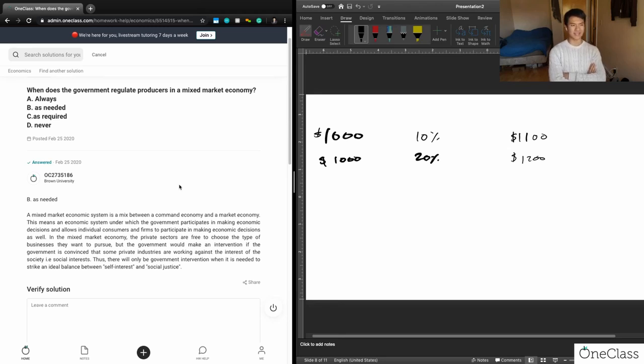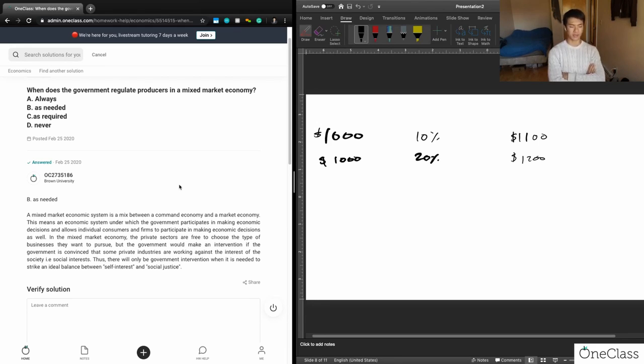All these are examples of places where if you were to leave the market up to the interaction of supply and demand, you would not have the optimal solution at the end of the day. And that's where government steps in mixed markets in order to regulate.